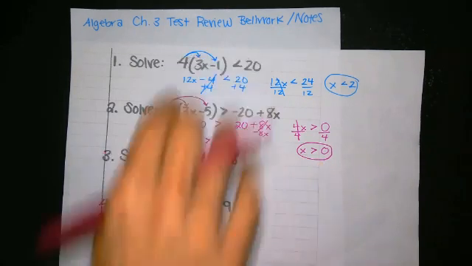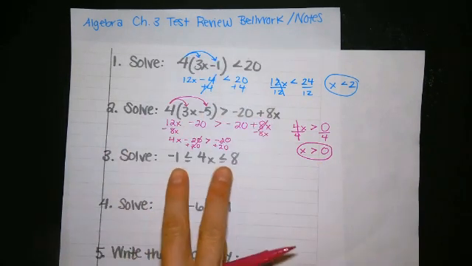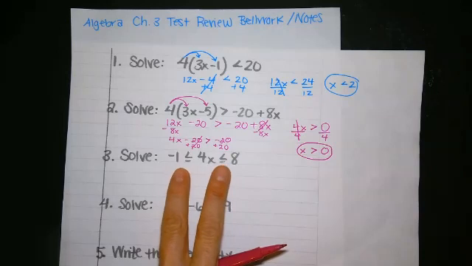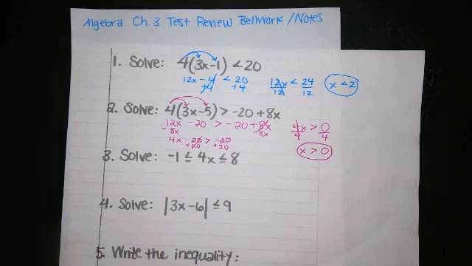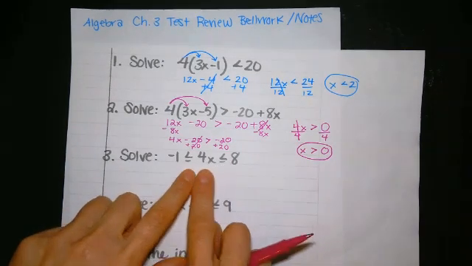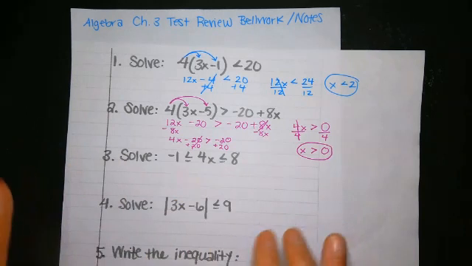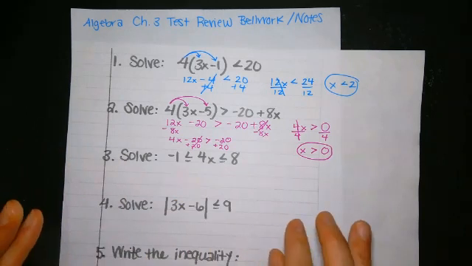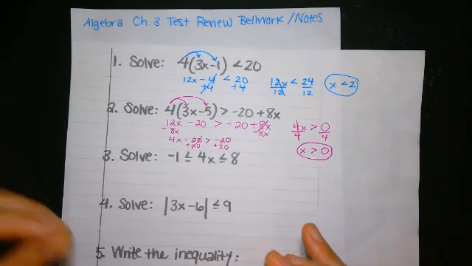Okay, getting more complicated, going down. Right now you're looking, you have two different inequality symbols, which means you are solving a compound inequality. If you have two inequality symbols, you're going to have to split this up and solve two different sides of it, and then either put "and" or "or", or put it back together, okay?